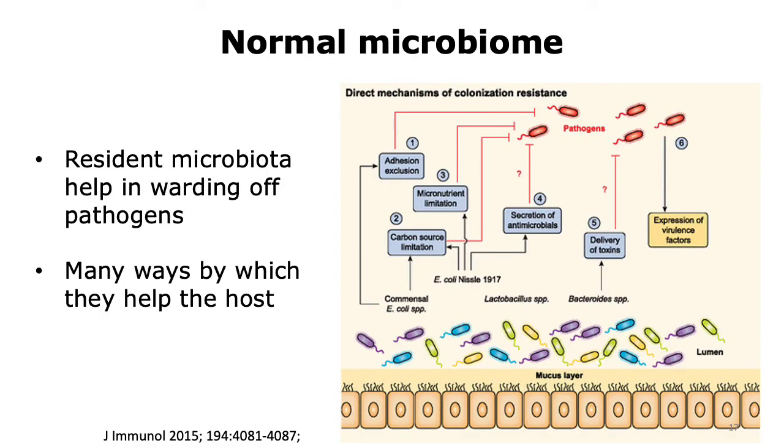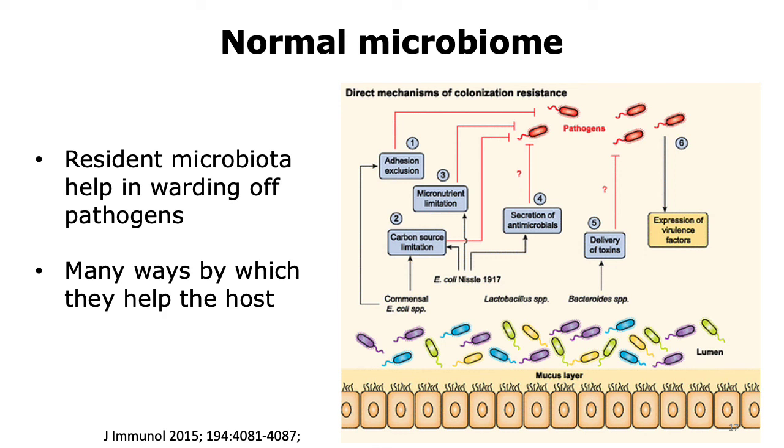So while our body has designed many different mechanisms to ward off pathogens, it is interesting to note that we get help from other microorganisms too. So we all have our own normal microbiome, and these resident microbiota help in warding off pathogens.